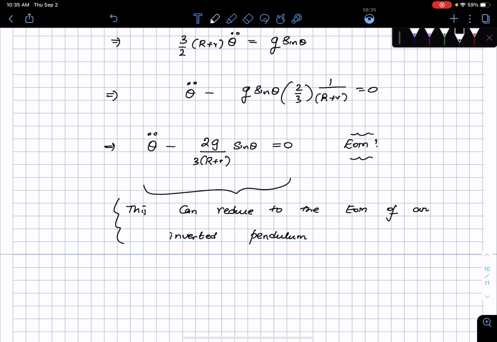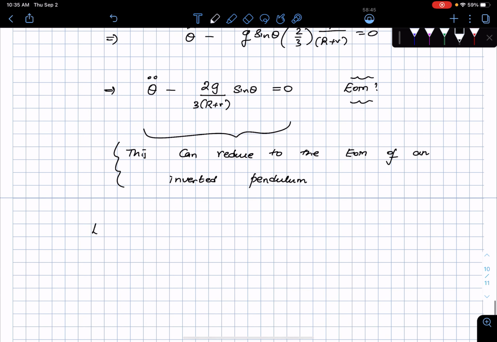Of course, the length scales will be different, but in general the equation of motion of an inverted pendulum is going to be similar to what you see here. Inverted pendulum meaning that if this is the pendulum string and this is the pivot point and here is the pendulum, this is the inverted pendulum of length L.